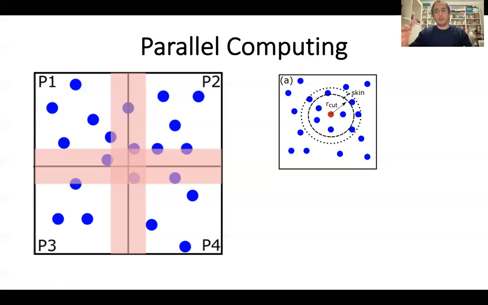So LAMMPS always chooses to cut the system in a direction where the red region is smaller, and then you have fewer ghost atoms, and the communication will be a lot shorter. So this is an optimization.